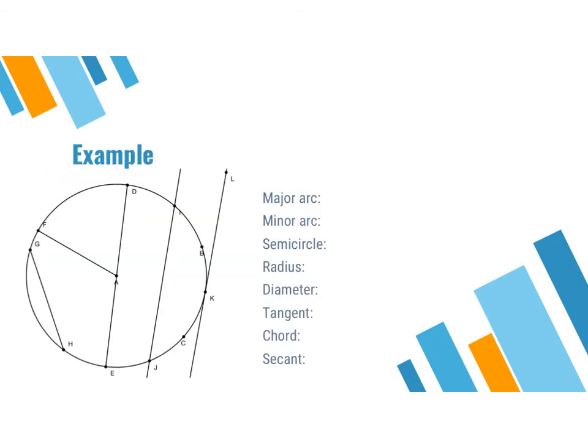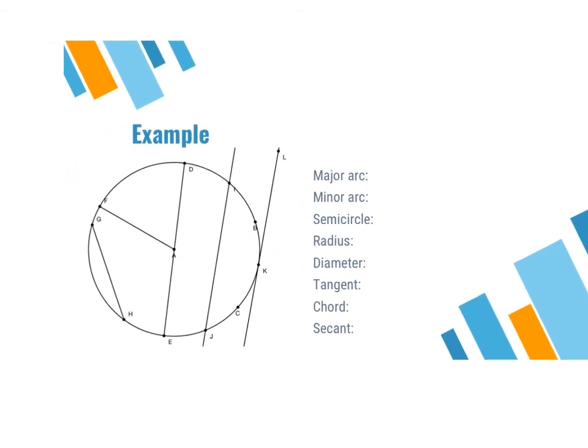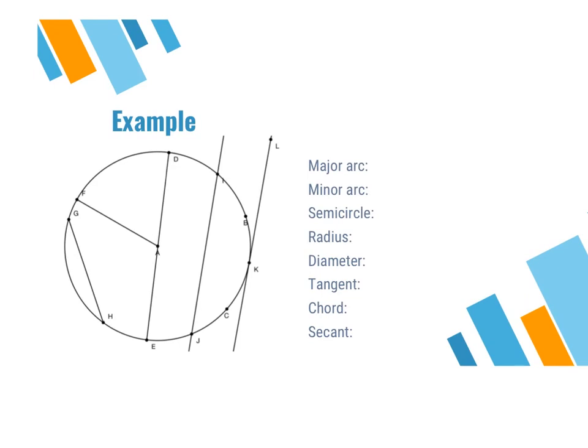All right, so we're going to do an example quick where you're asked to name a bunch of different things. If I'm looking for a major arc, I need any 3 letters that take up more than half of the circle. When you're doing this, I wouldn't pick like F, D, C because it kind of looks like it's more, but I'm not positive. Okay? I would pick something that's really obviously a major arc.